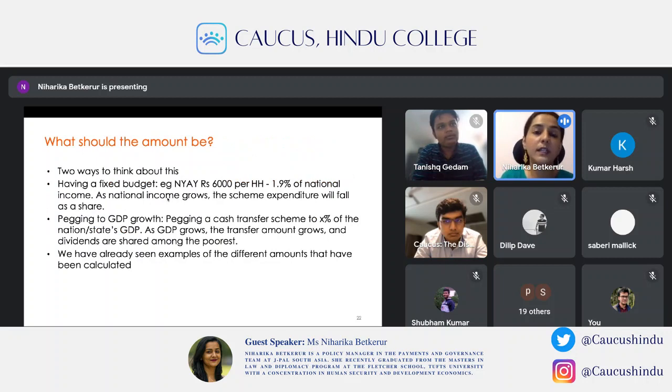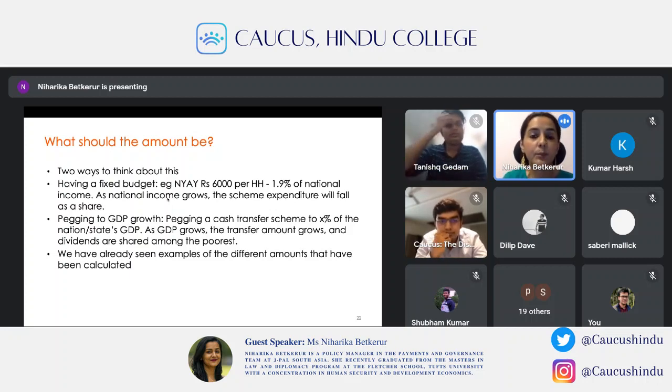As we have seen in the previous examples that I shared for proposals in India, there are different amounts and people have arrived at these in different ways. But there are two major ways to think about setting that amount. One is to have a fixed budget.